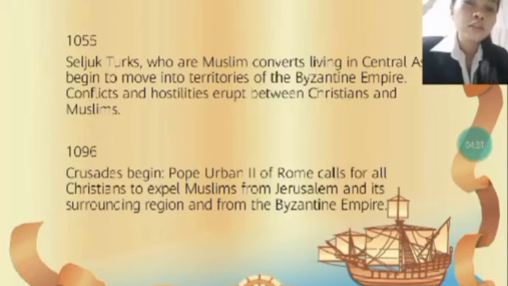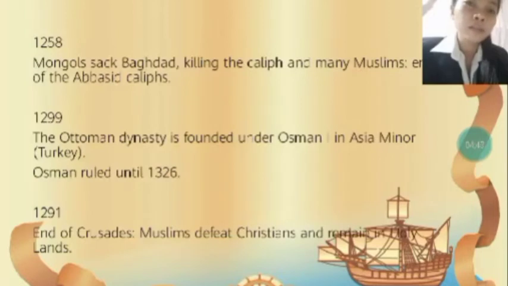In 1096 CE, the Crusades began. Pope Urban II of Rome called for all Christians to expel Muslims from Jerusalem and its surrounding region and from the Byzantine Empire. In 1258 CE, Mongols sacked Baghdad, killing the caliph and many Muslims.